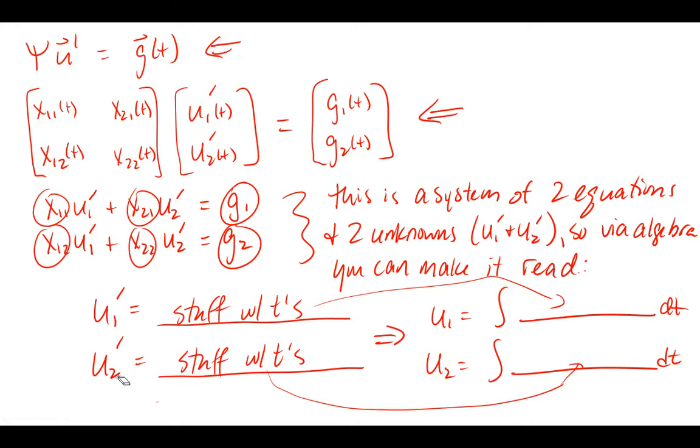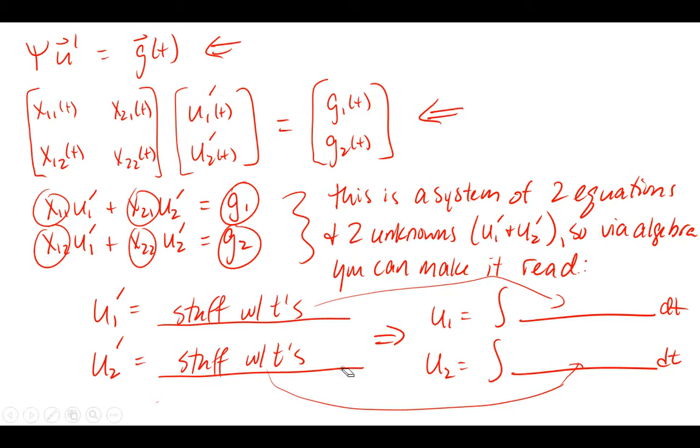Then you use that one to substitute into either of these to get an equation for the other one that only has t's in it. Aha! So you end up transforming this into u1 prime equals some stuff with t's, u2 prime equals some stuff with t's.